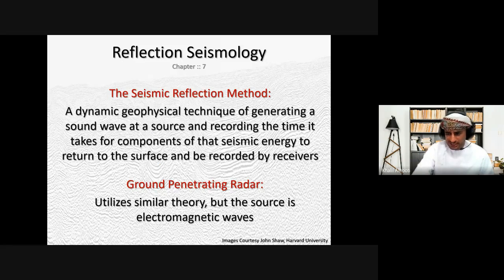Whereas with ground penetrating radar, the time is usually in nanoseconds. The electromagnetic waves travel very fast. The speed of electromagnetic waves in the earth is tremendously fast.